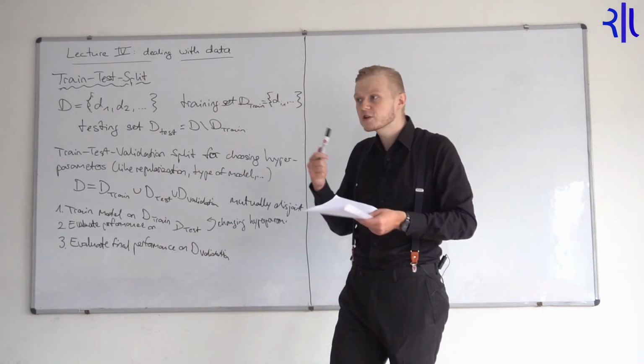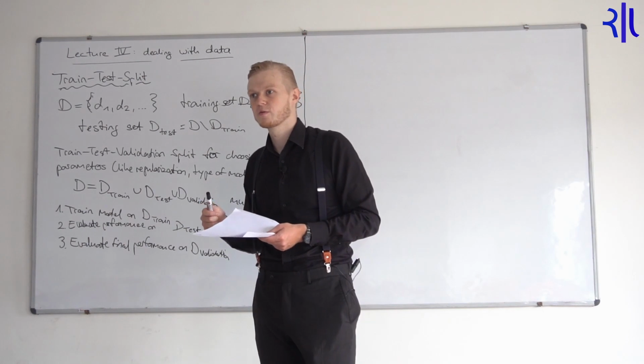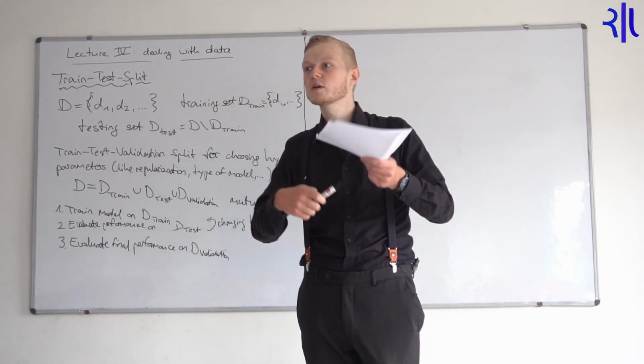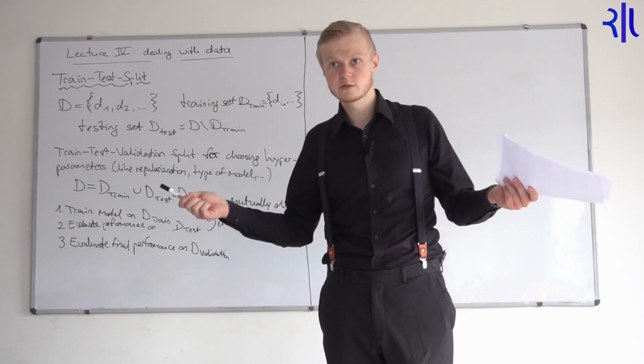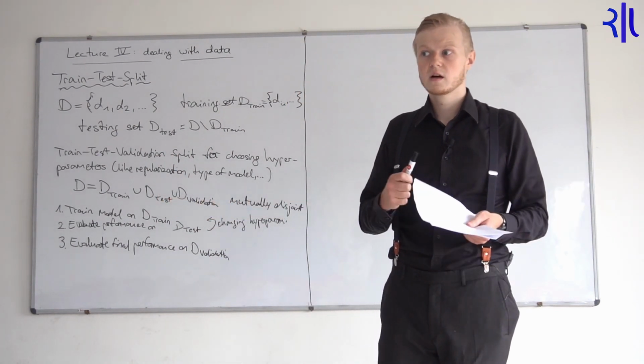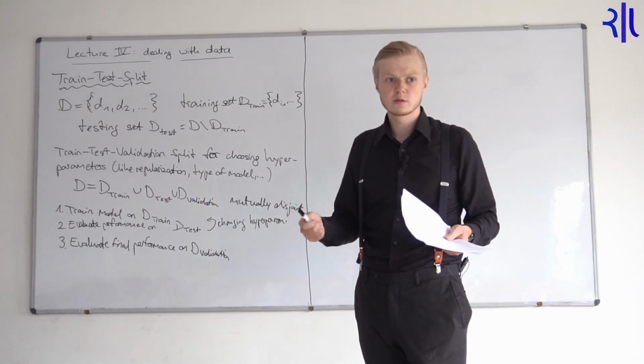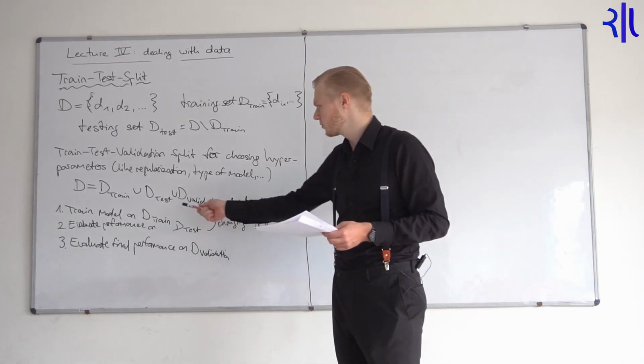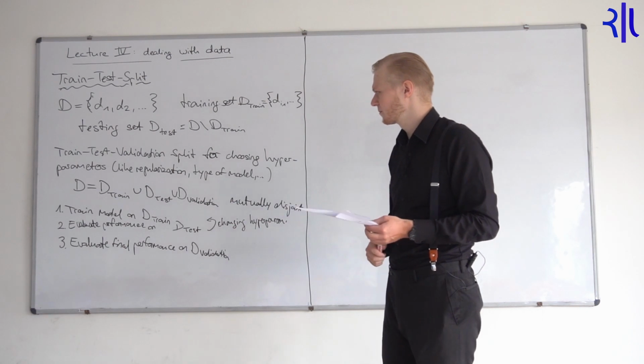So in order to actually know how the model would perform, we have to evaluate its performance on something that was not used in the process of picking the model at all, which is why we need the validation data set.